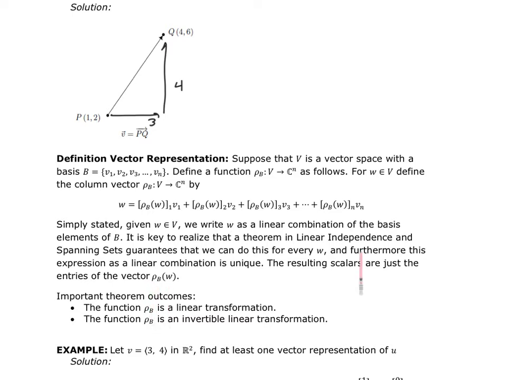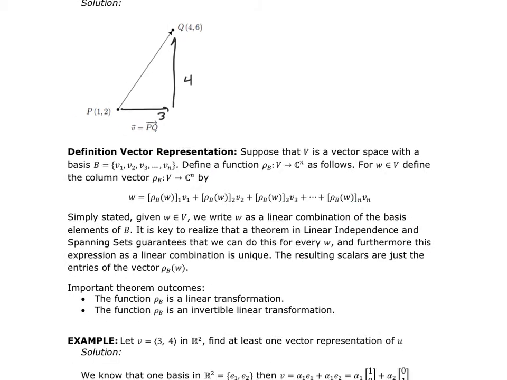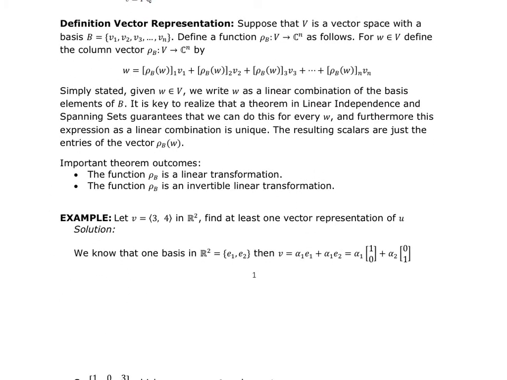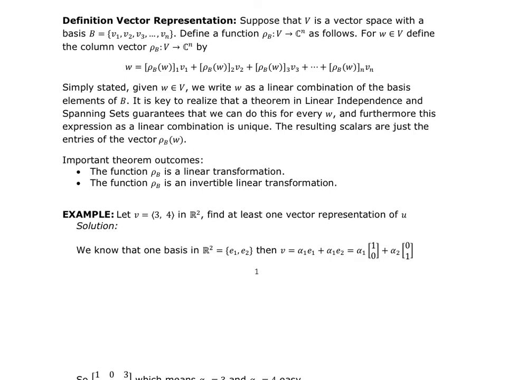A couple of theorems that we get out of this section: this function, rho sub B, is a linear transformation and it's invertible. Not only is it a linear transformation, but it's an invertible linear transformation. That means I can go back and forth.